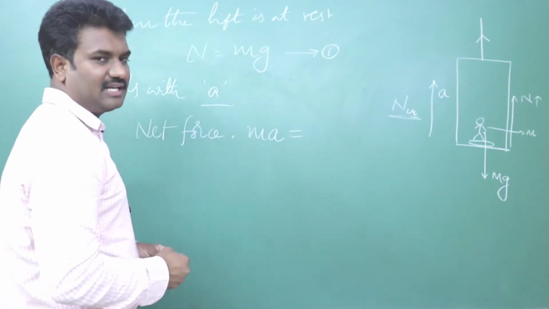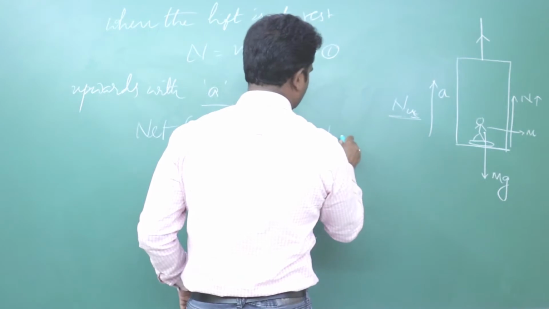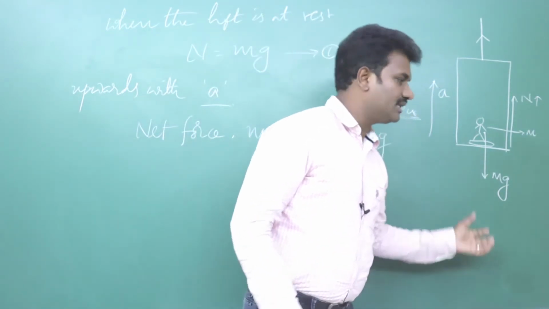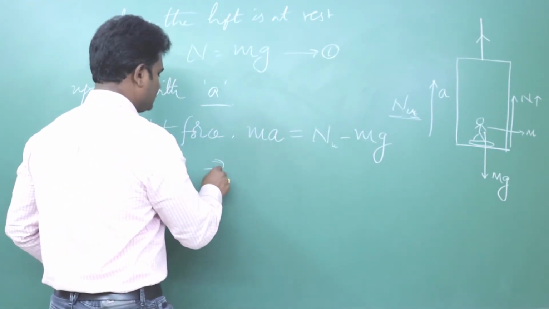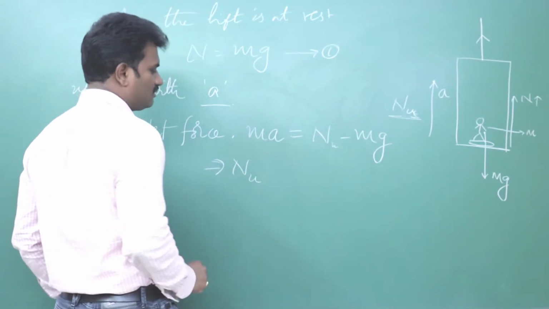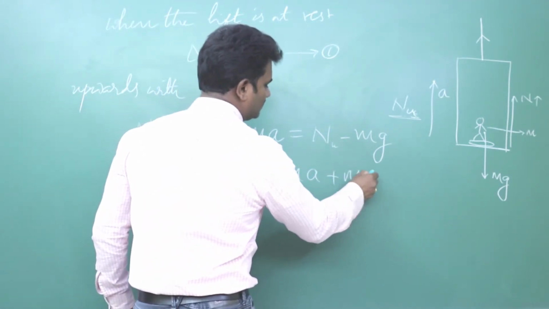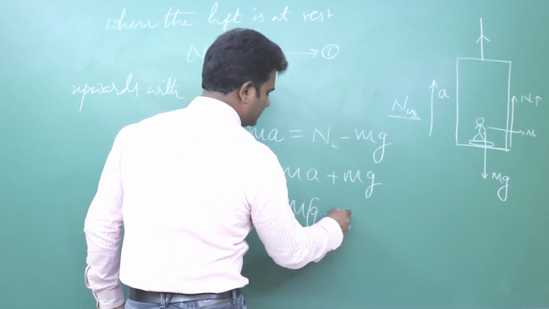As he is moving in the upward direction, the upward force must be greater. That's why N_u minus mg. mg is acting in the downward direction, N_u is acting in the upward direction. Hence N_u minus mg equals ma. That implies the normal reaction when the lift is moving in the upward direction is equal to m into a plus m into g, which can be written as m into (g plus a).